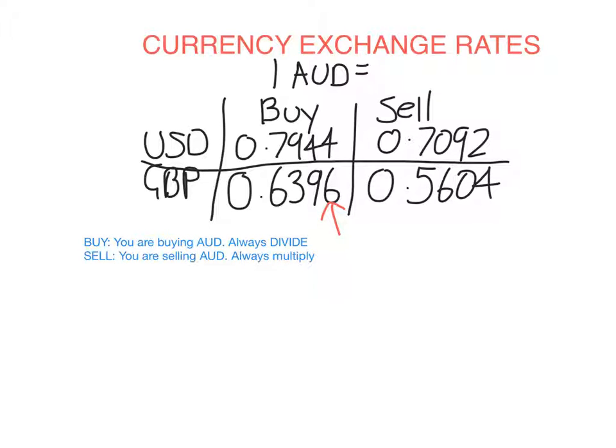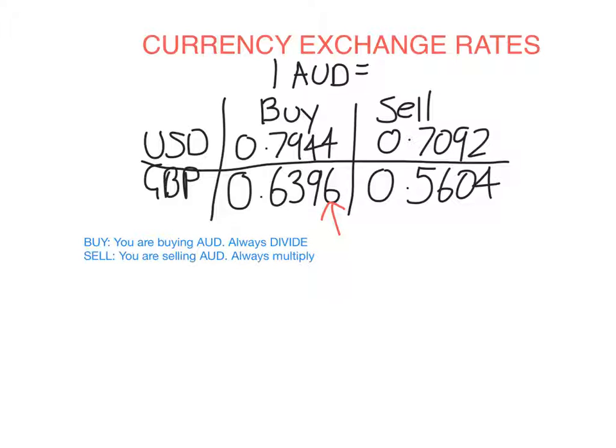So the buy or sell depends on whether you're buying or selling Australian dollars. When I say buying Australian dollars, you're giving the bank another currency and getting Australian dollars back. Just like when you buy a surfboard, you give them money and you get a surfboard. So buying means you're getting Australian dollars, and selling means you are getting rid of your Australian dollars.